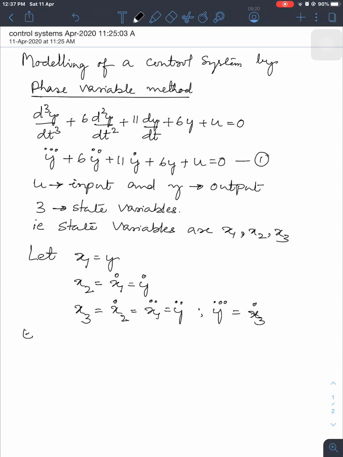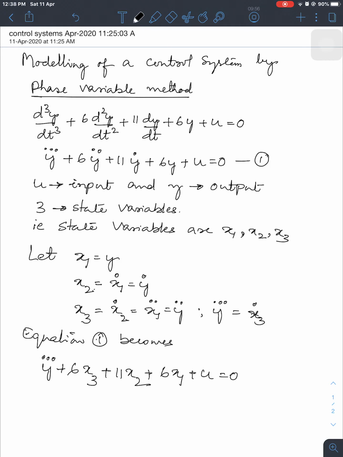That is, equation 1 becomes y triple dot plus 6 for y double dot, we will put x3, and plus 11 for y dot, we will put x2, plus 6 for y, we will put x1, u we will retain, equal to 0.